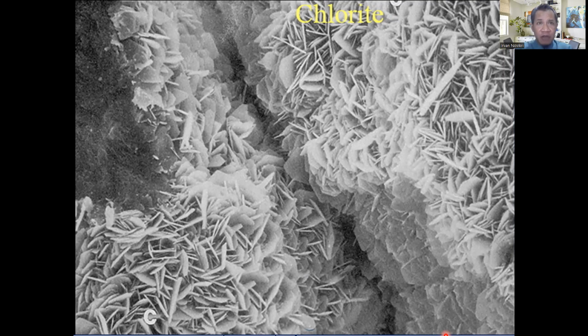So you dissolve all these grains, a lot of them, then the conditions change progressively, and the next least stable grain is feldspar, and feldspar is made of alumina and silica. So the pore chemistry changes to be supersaturated with respect to alumina and silica.